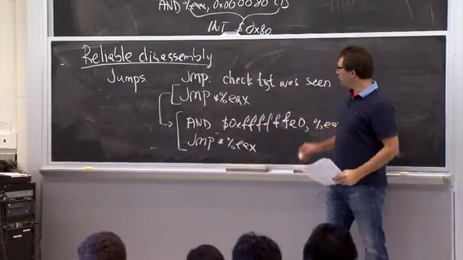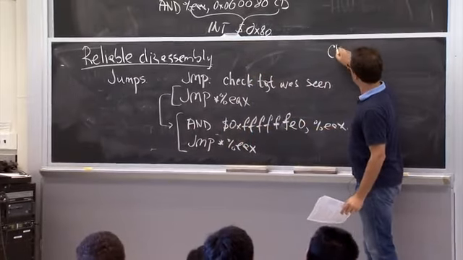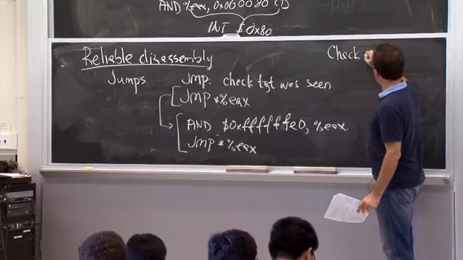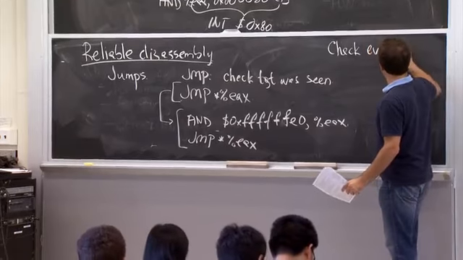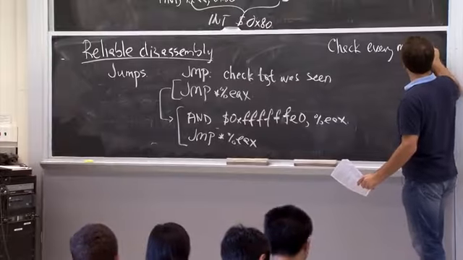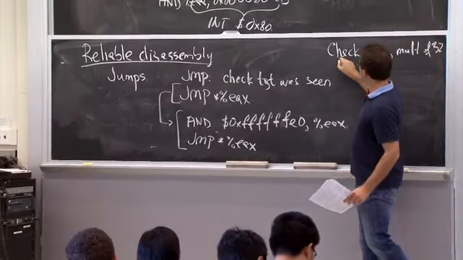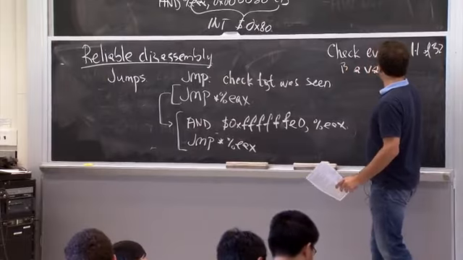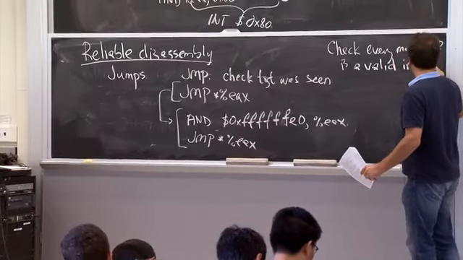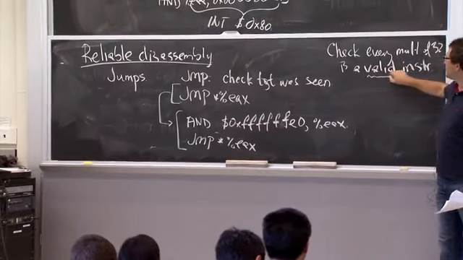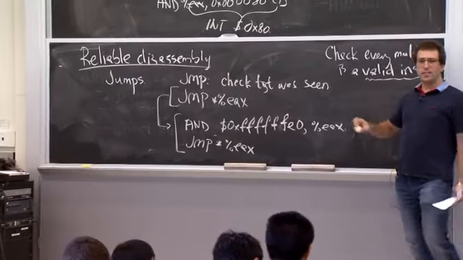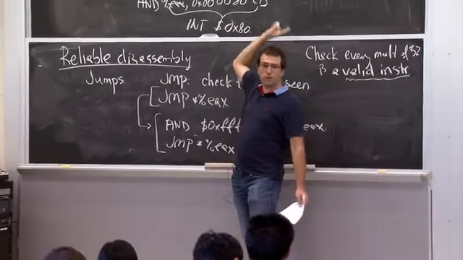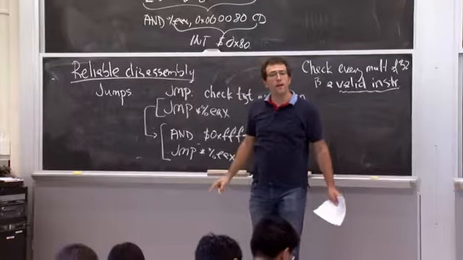So in addition to this instrumentation, you also check that every multiple of 32 is a valid instruction. And what I mean by valid instruction here is an instruction that you see when you disassemble from left to right.